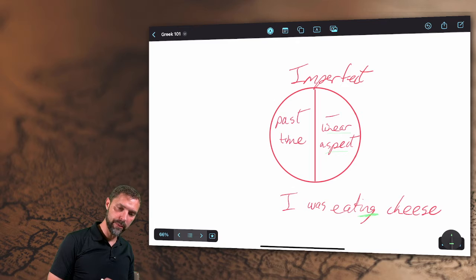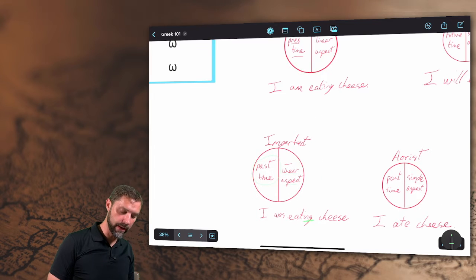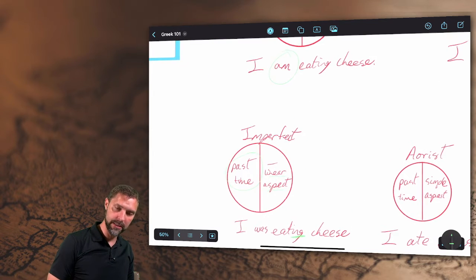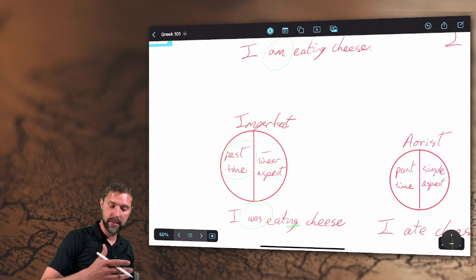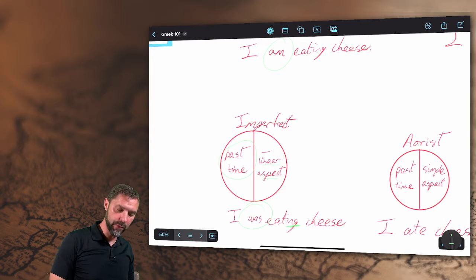The only difference between present and imperfect is past. So if I do my translations, I can actually compare these. Up here, I am eating cheese. Down here, I was eating cheese. It's just a matter of the time. When are these events happening? Okay, present, I am; past, I was. In either case, what will help you keep that linear aspect going, at least in English, is keeping that ing in there, the ongoing kind of focus or nature.